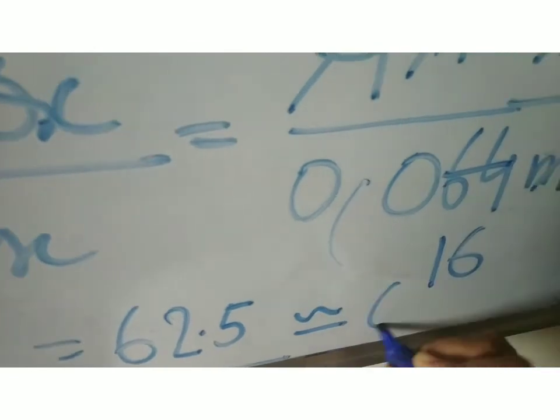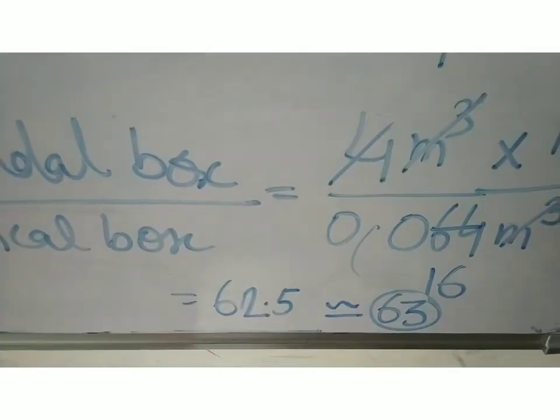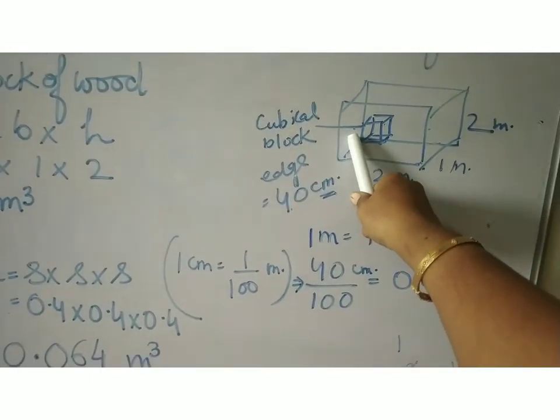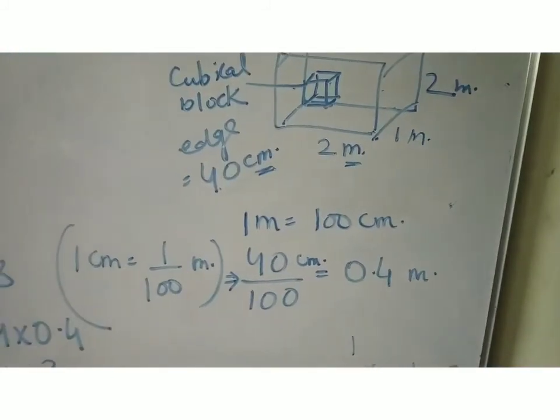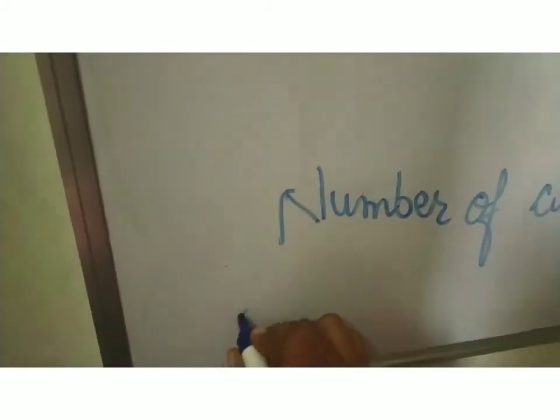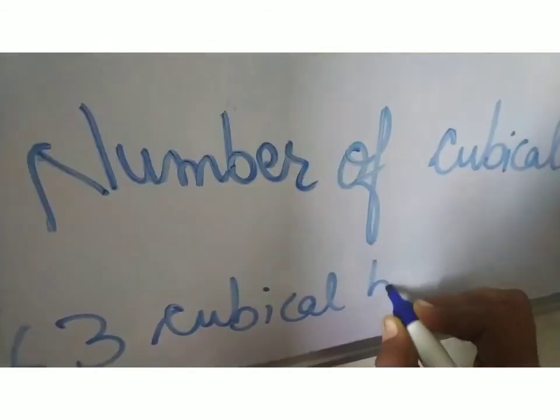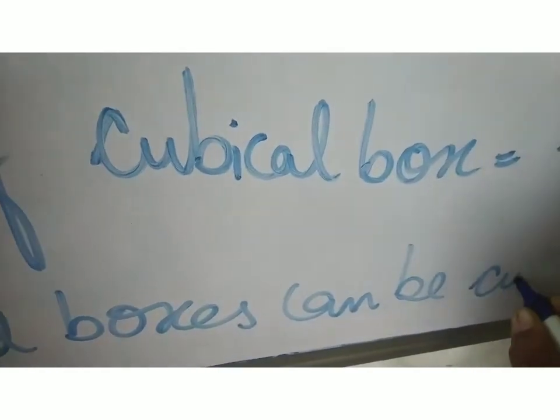So rounding off, I can write 63 over here. That means 63 cubical boxes can be cut from this cuboidal wooden block. So I can write over here: 63 cubical boxes can be cut.